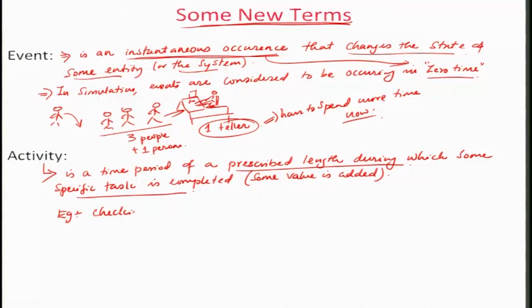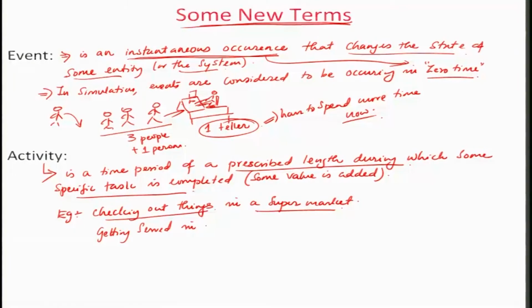checking out things in a supermarket. So, you bought things, you took them to the cashier and you are checking them out in the supermarket. Another one is that you are getting served in a restaurant.